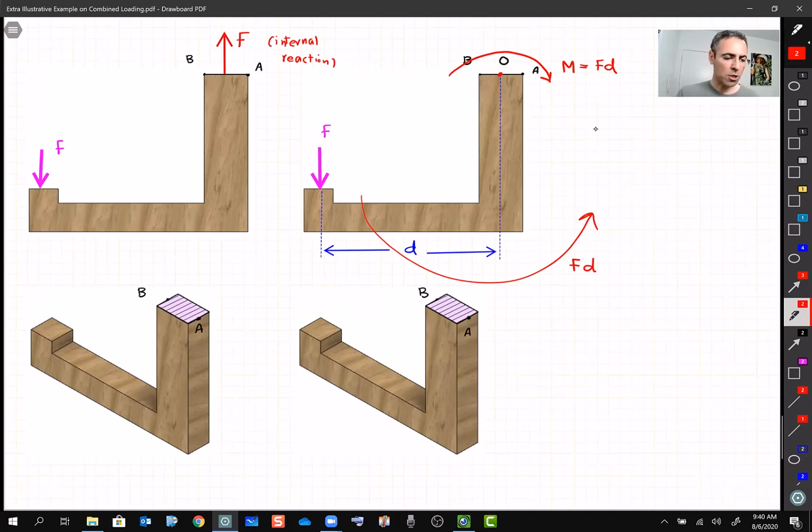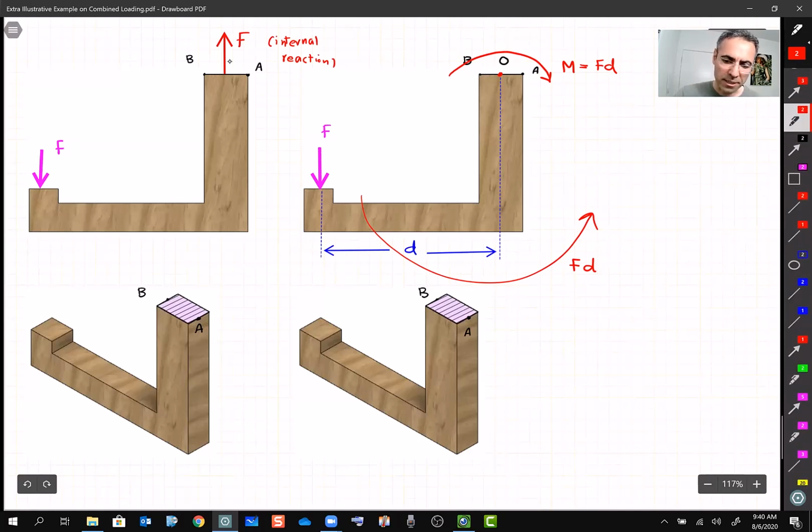So these are basically our two reactions at this cross section. We have one F there, which comes from here, and we have a bending moment M, which is like that. So let's treat them separately and see how it's going to look.